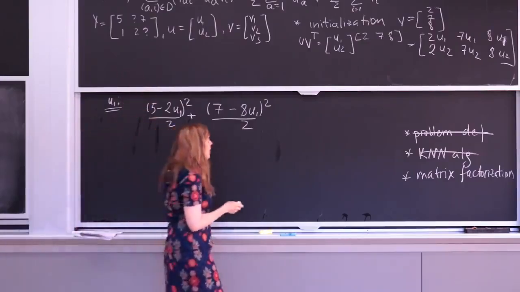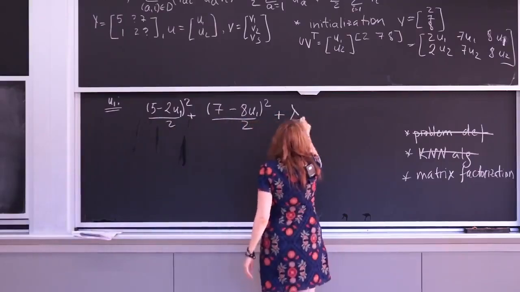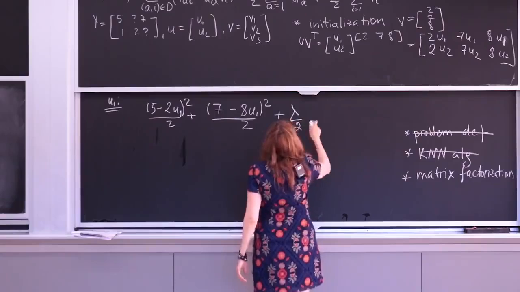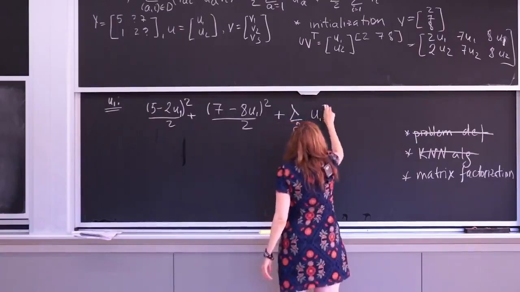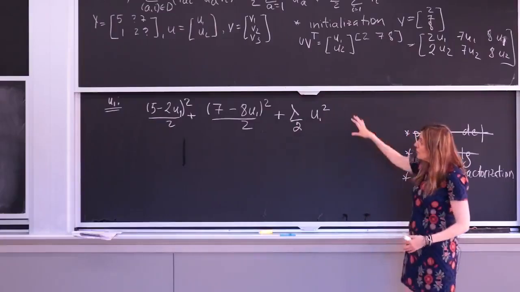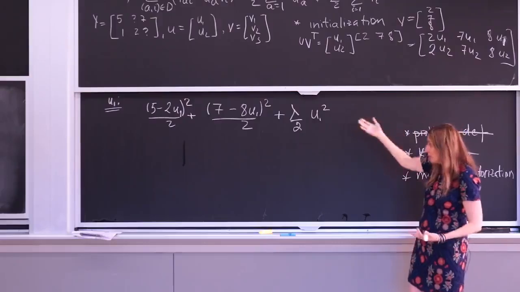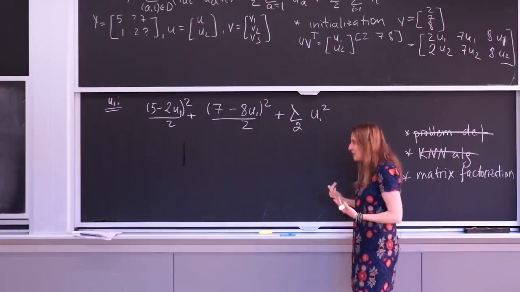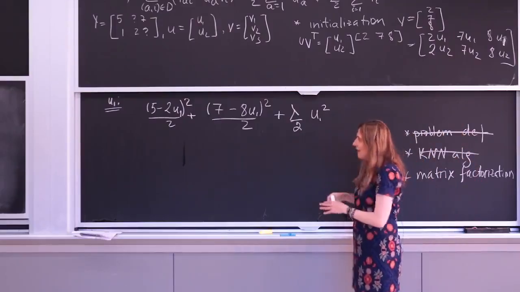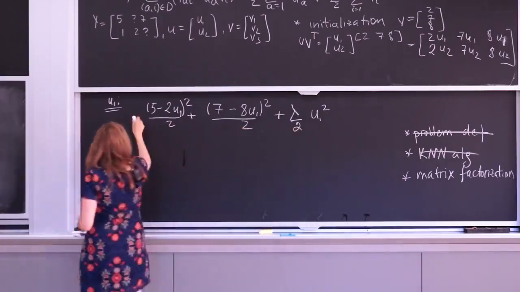Now we will move to regularization. So plus lambda divided by 2 times u1 squared. Our goal is to make this objective minimal, so we will do a standard thing that we've done before. We will take the derivative of this expression with respect to u1.